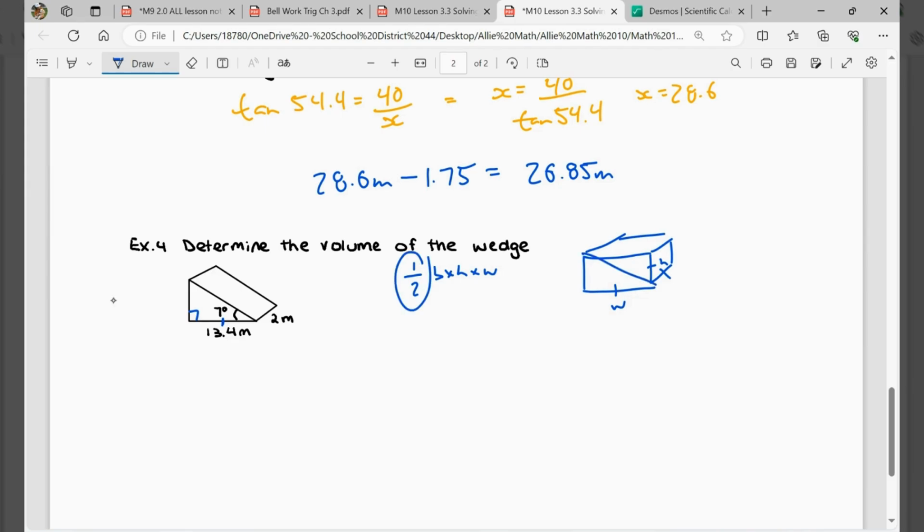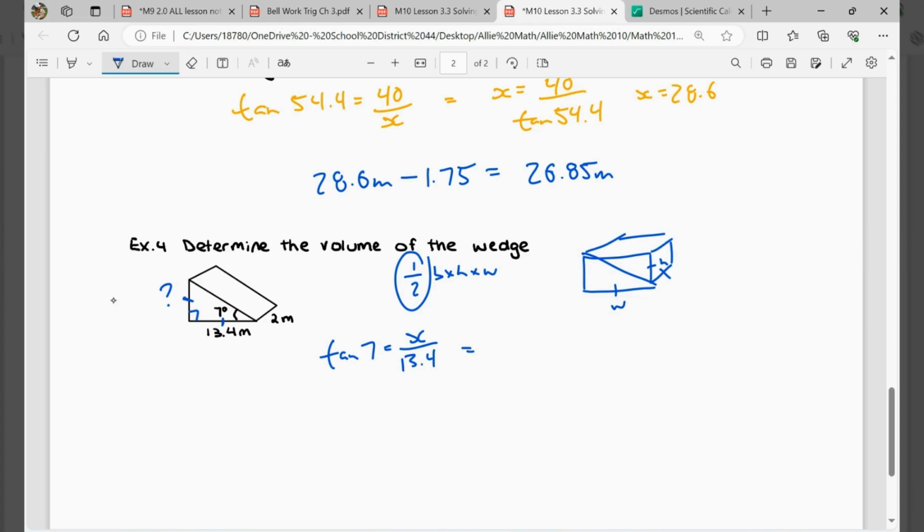So we need to find this length right here to be able to do all three dimensions. We have an angle, we have the adjacent side of the angle, and we want the opposite. So let's go tan 7 equals opposite, which we don't know, over the adjacent, 13.4.